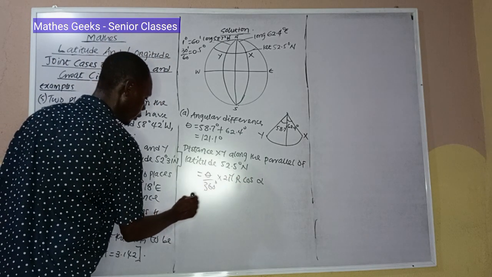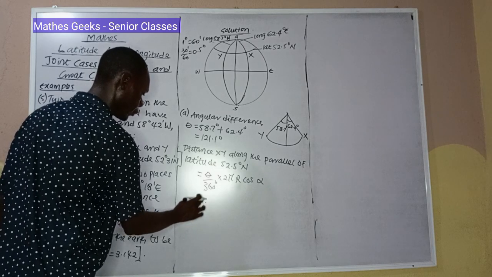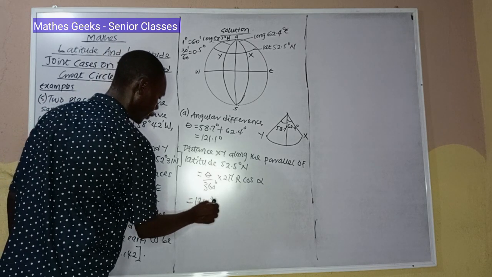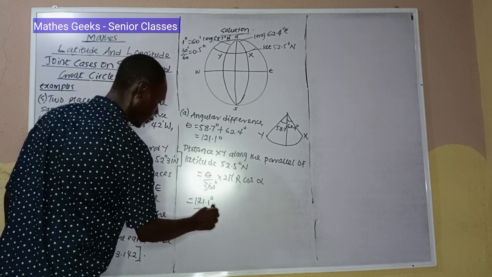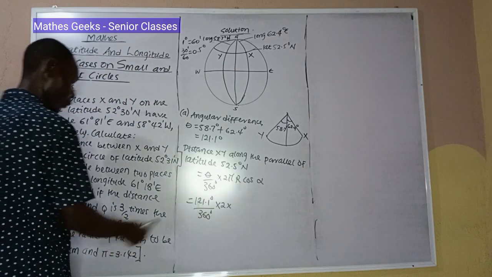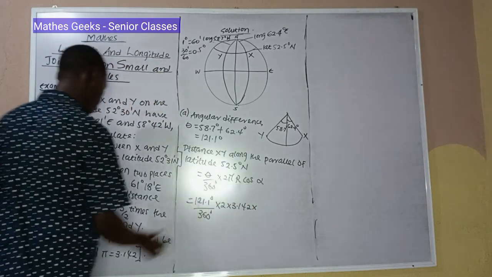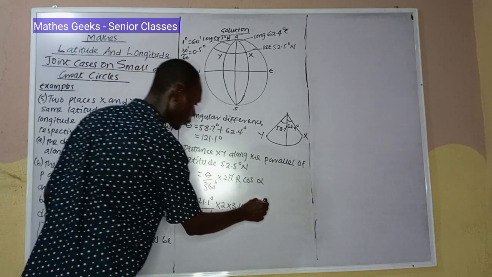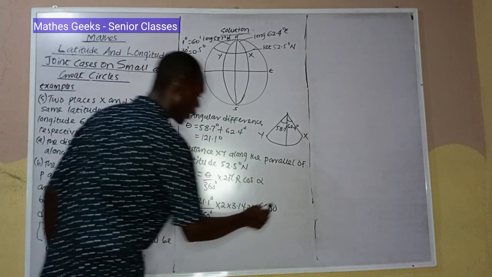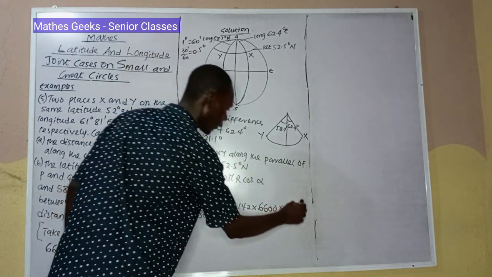So theta is 121.1 degrees over 360 degrees times 2 times pi, which is 3.142. R is 6,600 kilometers. Always make use of what is given to you here. 6,600 kilometers times cos 52.5.